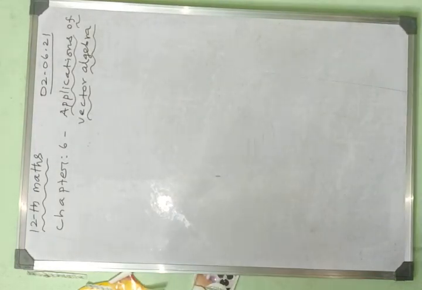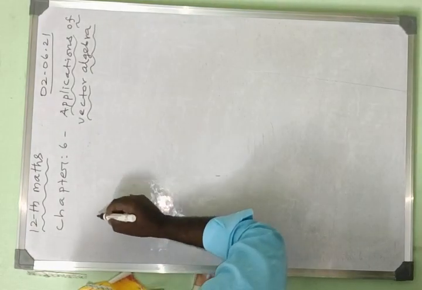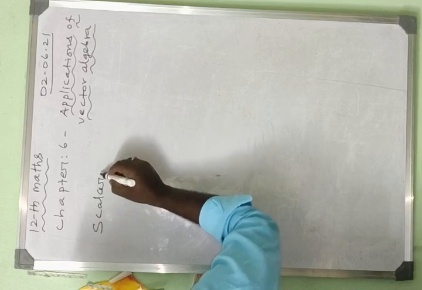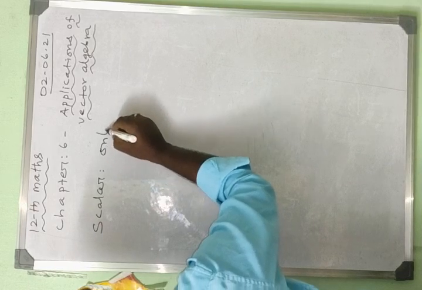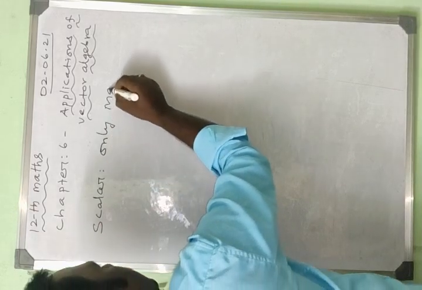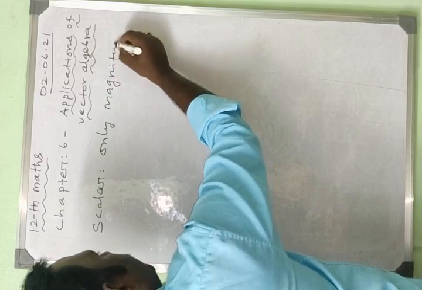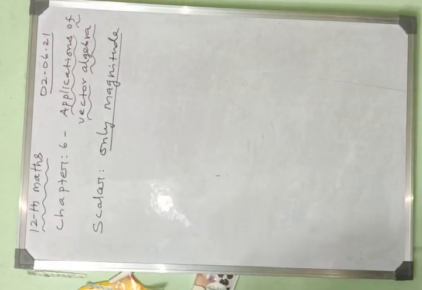How to assume scalar? Only magnitude. We assume only magnitude. We can take only magnitude, only scalar.